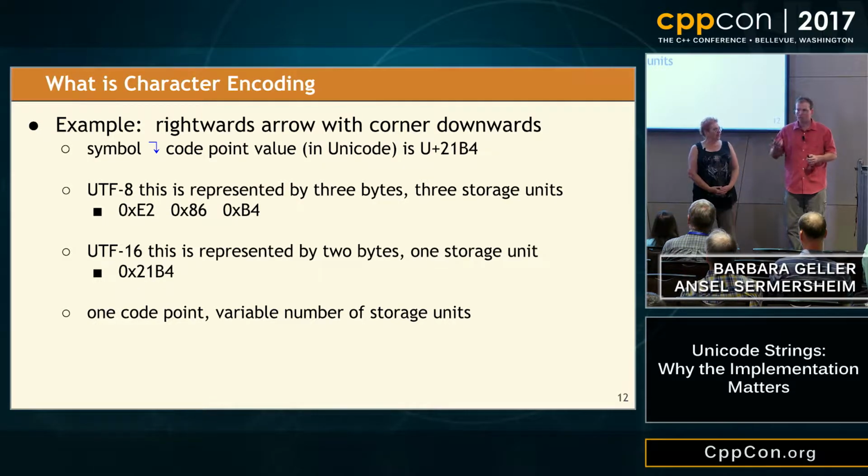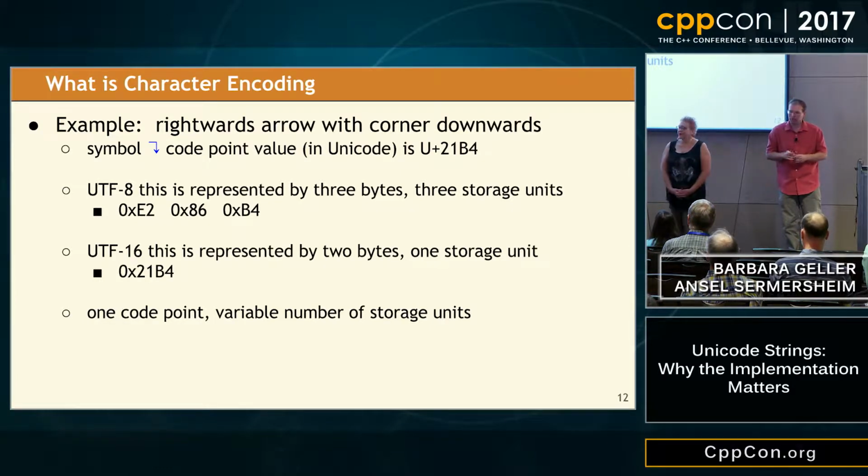The shape of the symbol, or it might be a non-printing symbol in some cases. Its name, this is in the Unicode standard, specifically named rightwards arrow with corner downwards. That is a defined name. And its code point or code position. That's the U+21B4. And that is a value that is not in any encoding.